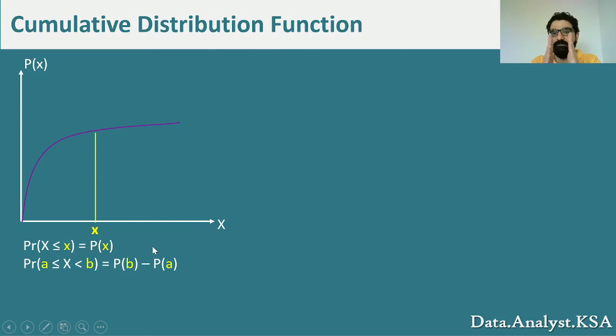Because I take the difference between that large region and this smaller region, and I end up with that shade of yellow in the specific range I'm interested in.